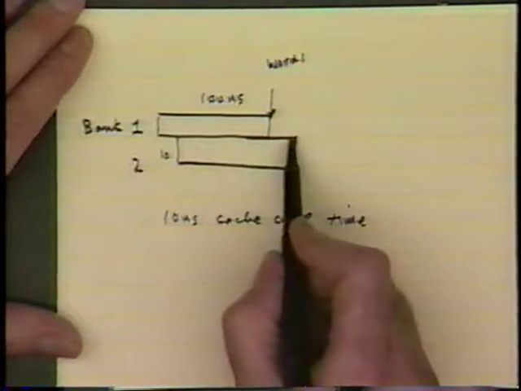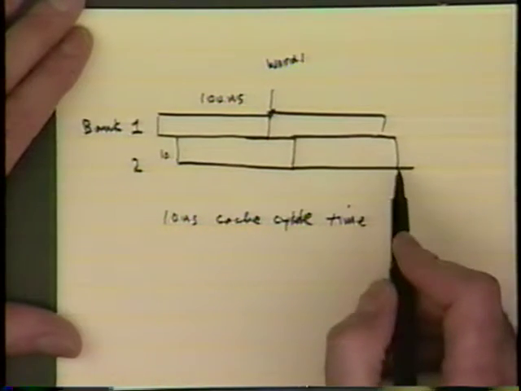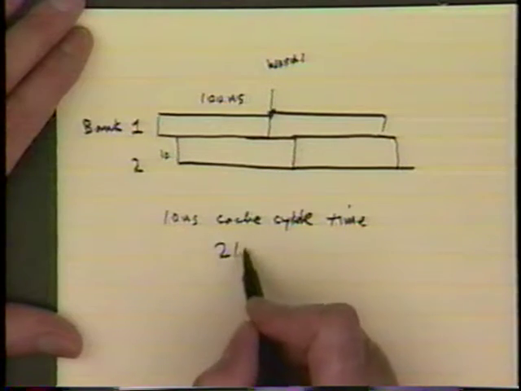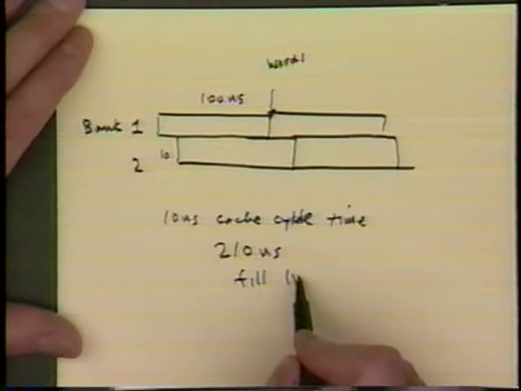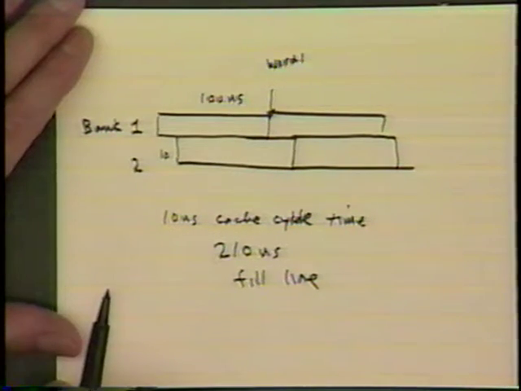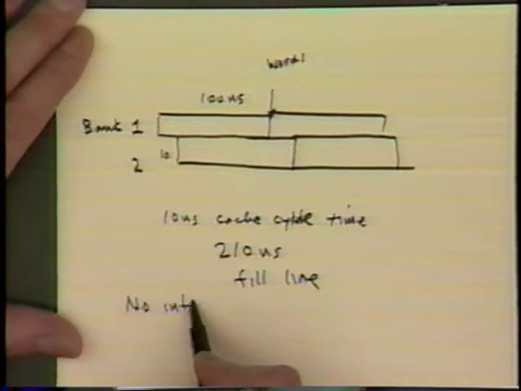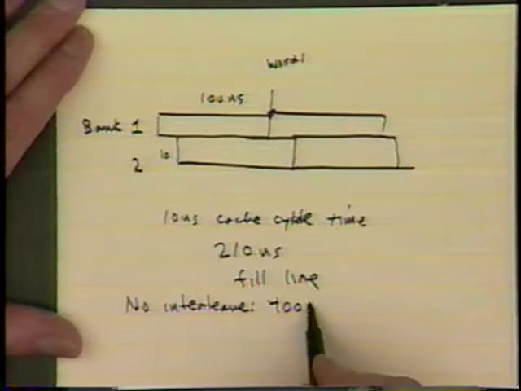We have 4 words to read in, so we do 2 more like this. And basically it takes 210 nanoseconds to fill the line. So it's slightly more than half what it would have been if we had not done interleaving. So with no interleaving, of course, in the original scheme, it would have taken 400 nanoseconds.